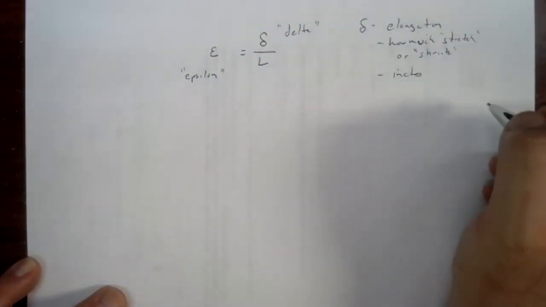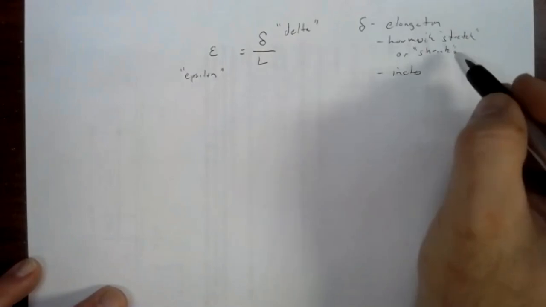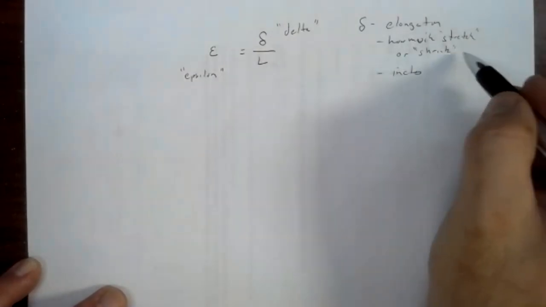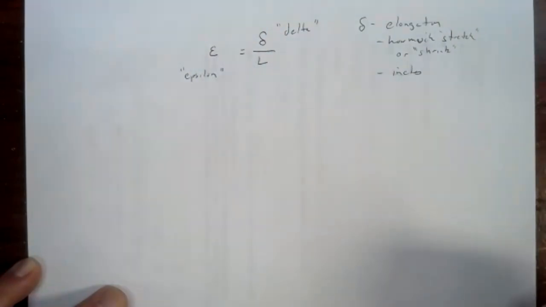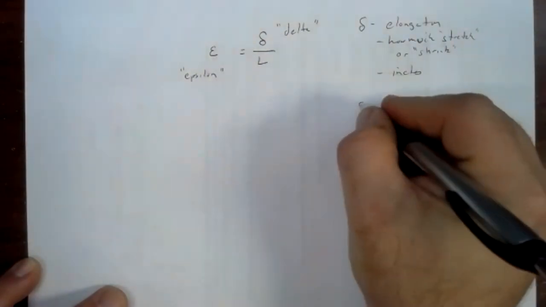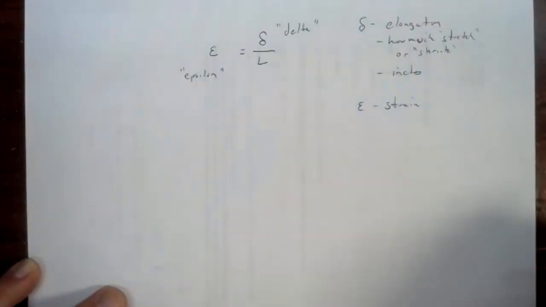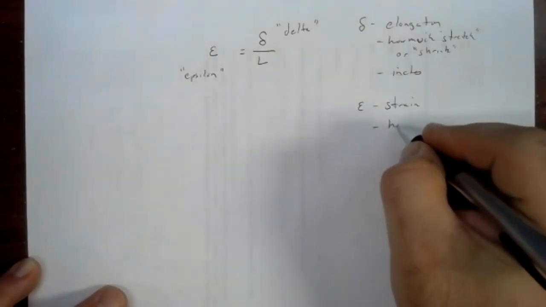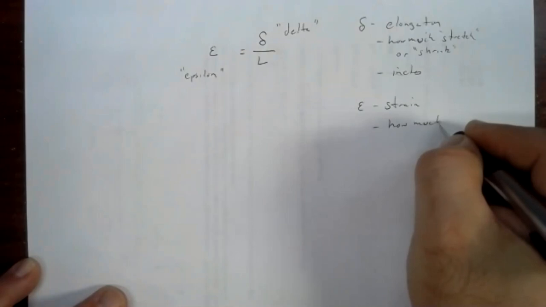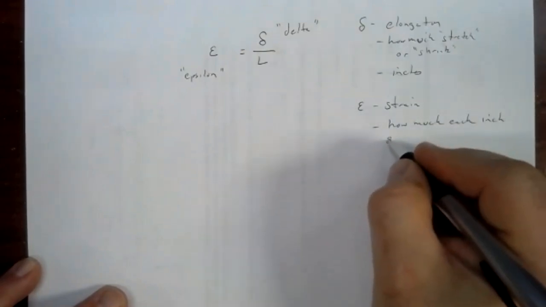Usually fractions of an inch, thousandths of an inch, or lower, millionths of an inch. Elongation is the physical amount of change in shape. If we spread that out over the length, we get epsilon, we get our strain. So strain is the material deformation. You can think of it as how much each inch grows or shrinks.